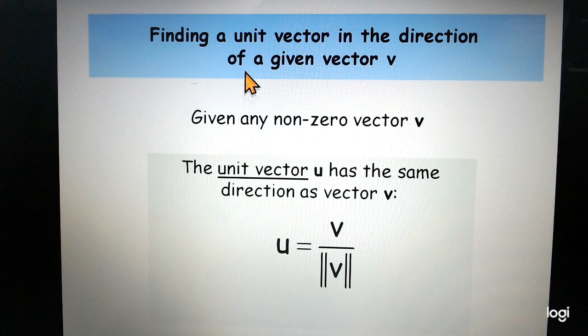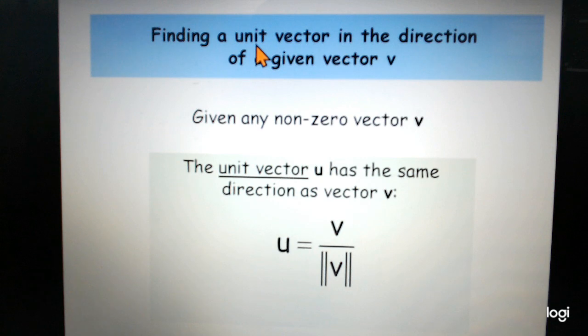Okay, we next come to a very important idea, the idea of a unit vector in the direction of a given vector v. Given any non-zero vector v, notice this is in boldface, the unit vector has the same direction as v. So here we go. We take a vector v, which may not have length 1, and we divide it by its length, which is a scalar.